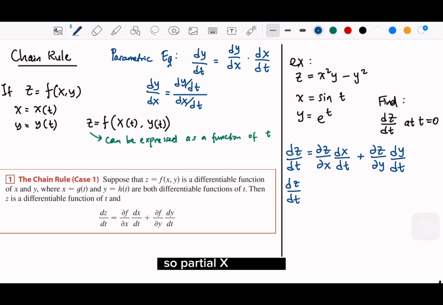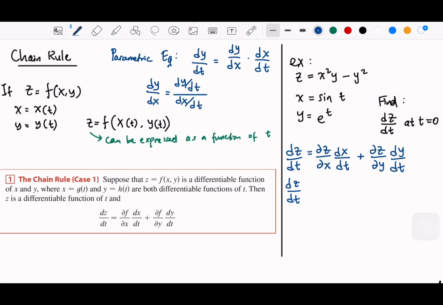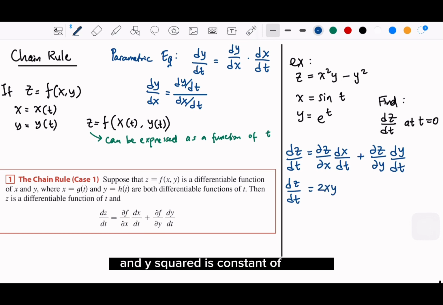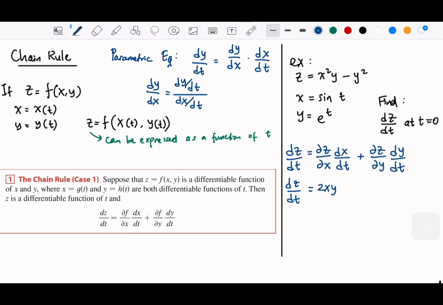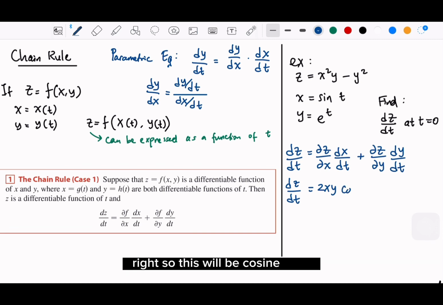Partial x means that we are going to differentiate with respect to x, taking y as a constant. So x squared y becomes 2xy, and y squared is constant, so 0. And dx/dt is the derivative of the function x equals sine t, so this will be cosine t.